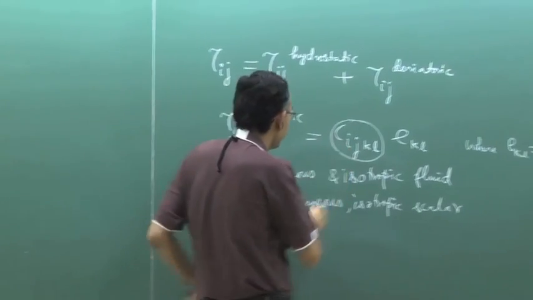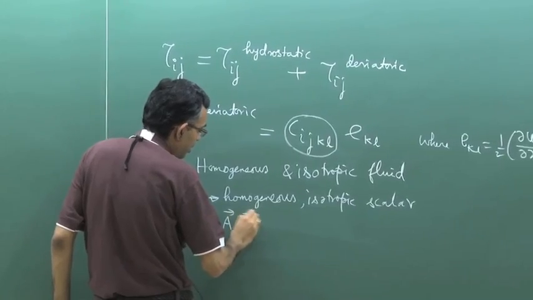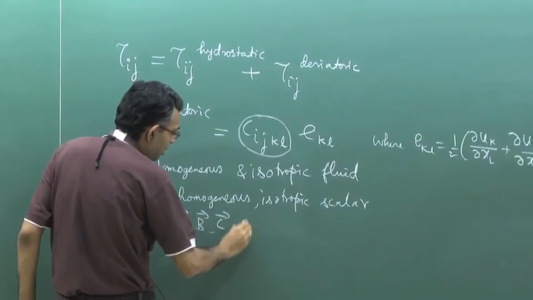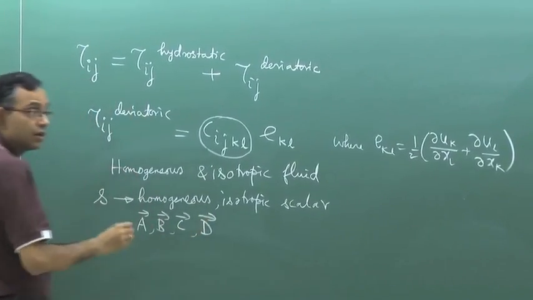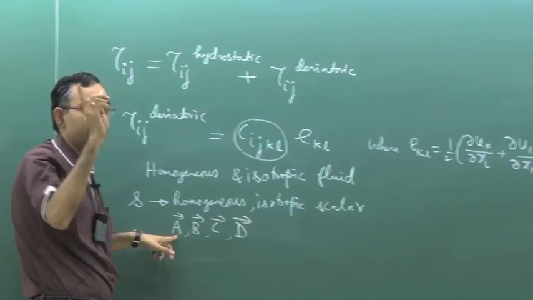Because let us say you have the vectors A, B, C, D. Now, a vector is specified by one index.